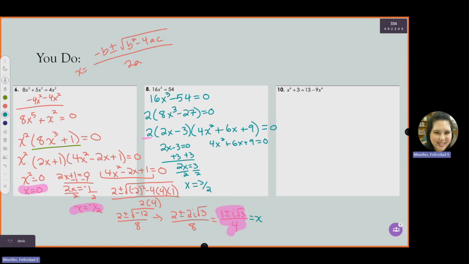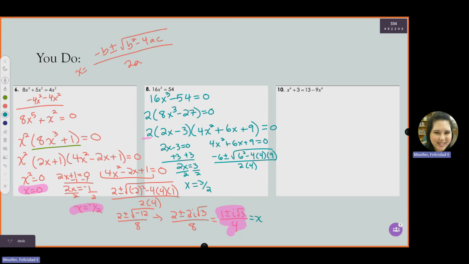We're going to go ahead and do the quadratic formula again. So we're going to get -6 plus or minus the square root of 6 squared minus 4 times 9, all over 2 times 4.